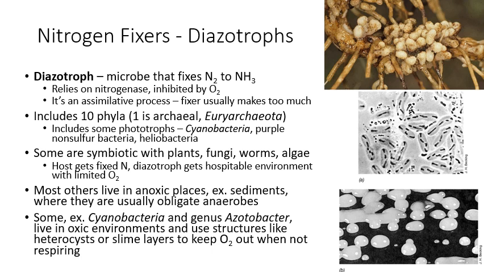So for instance, you have those root nodules, which are shown in the picture right here. This is the root of a legume, which legumes are like bean plants. And then these are the root nodules. So these are clusters of diazotrophic bacteria that are growing on those roots.